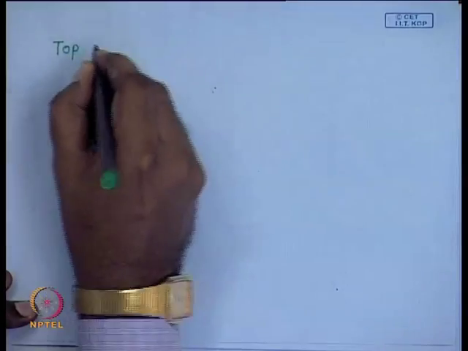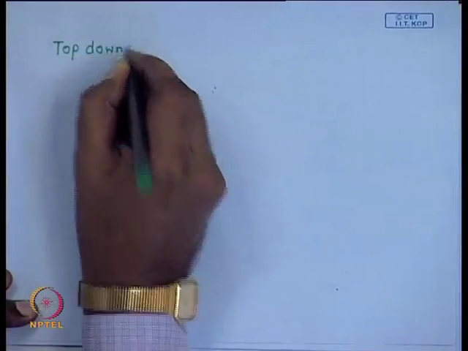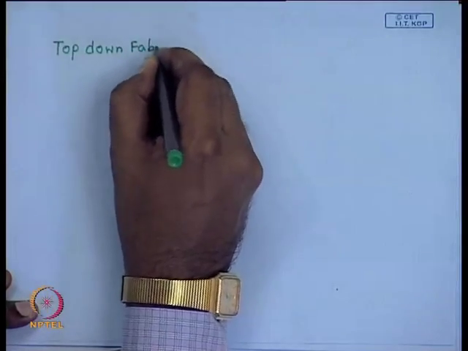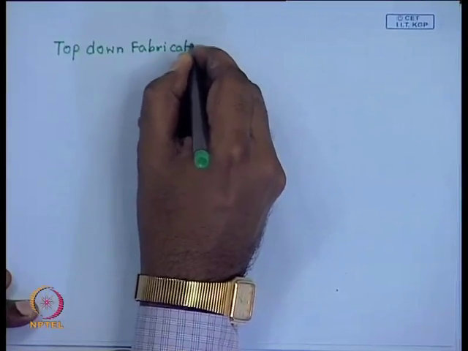So you start off with something bigger and then you hammer it down or size it down to your desired shape. This type of approach is what is known as the top down fabrication methods.